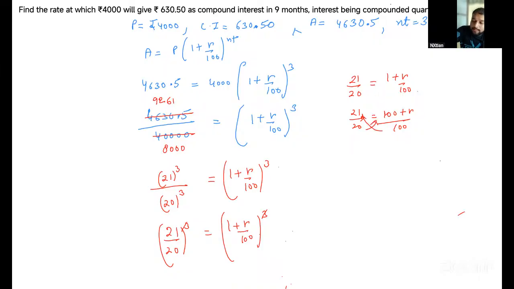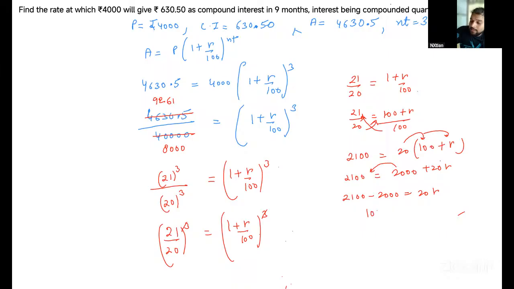So 2100 is equal to 20 into (100 plus r). If you multiply, 2100 is equal to 2000 plus 20r. Now this will go that side. So 2100 minus 2000 is equal to 20r. So it becomes 100 is equal to 20r. So r is equal to 100 by 20, which is 5%. So 5% is the answer.